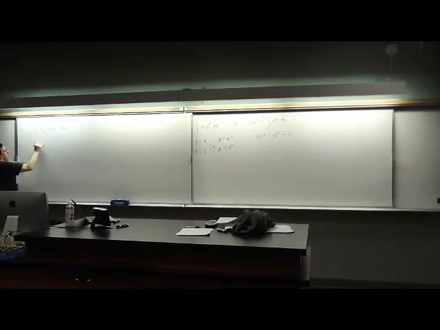So f equals x, g prime equals sine of x, f prime equals 1, g equals, okay, what's the antiderivative of sine of x? It's the negative cosine of x.